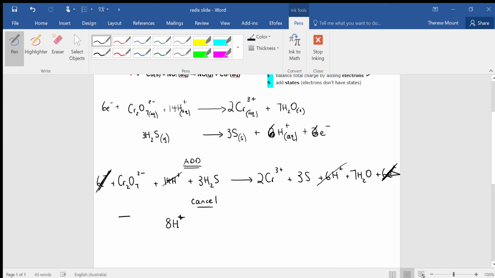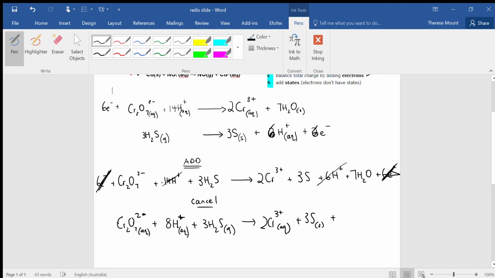So I can rewrite my full equation now after cancelling those two things. Cr2O7 2-, aqueous, plus 8 H+, aqueous, plus 3 H2S, which is a gas, going to 2 Cr3+, aqueous, plus 3 S, which is a solid.